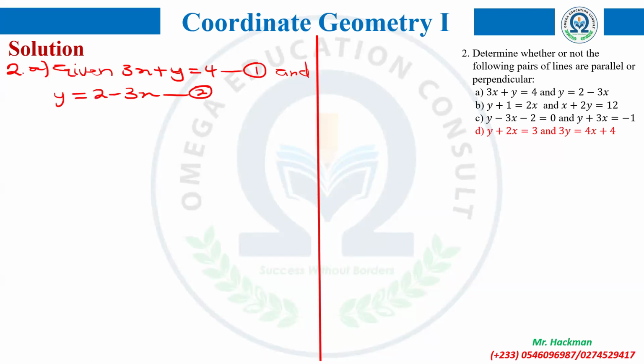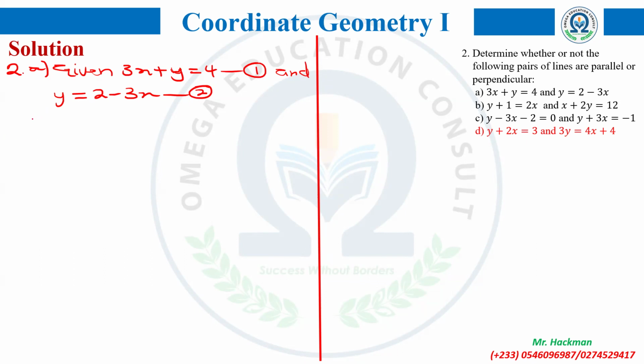Now we need to take each equation and find its gradient, and we know how to find the gradient from a given equation of a line. What do we do? Take that equation, make y the subject, and if necessary, then compare.